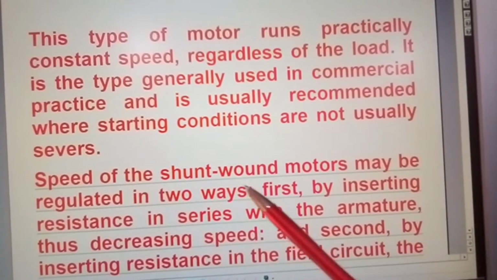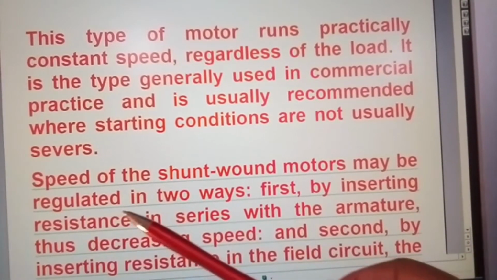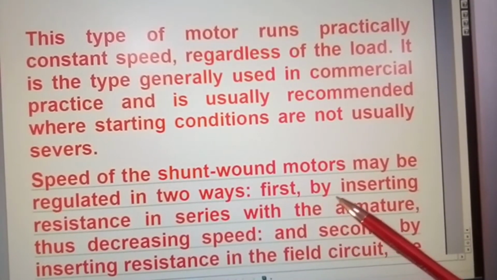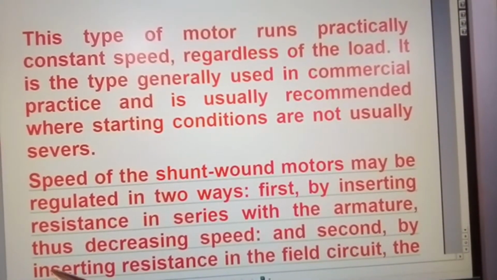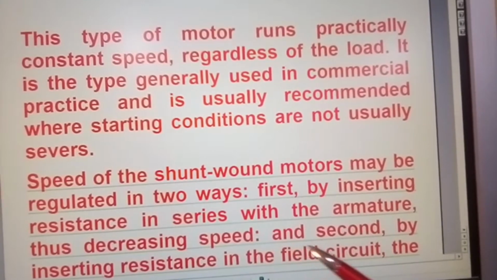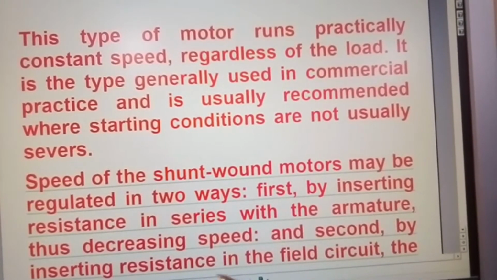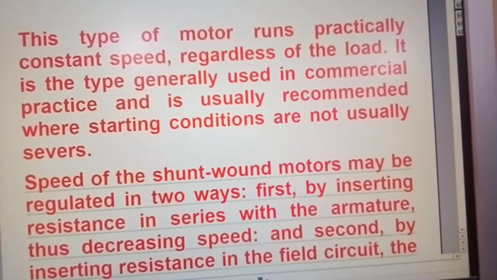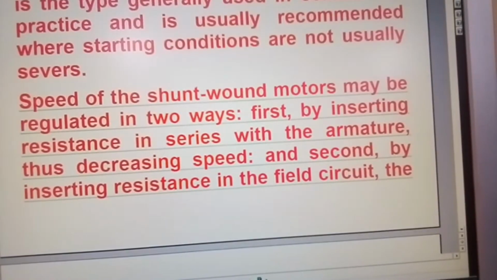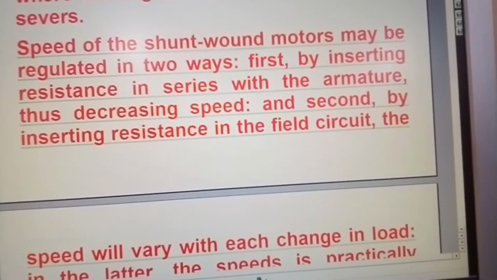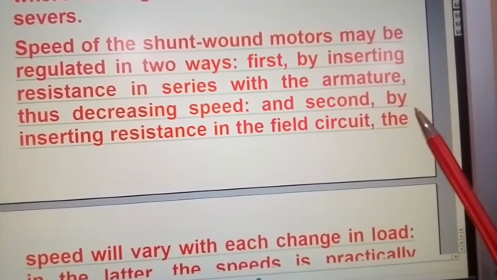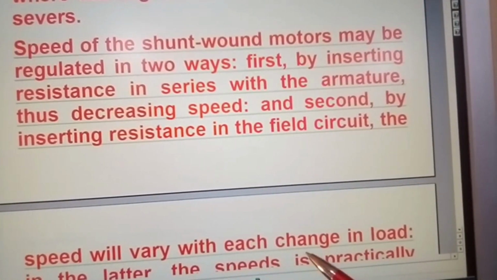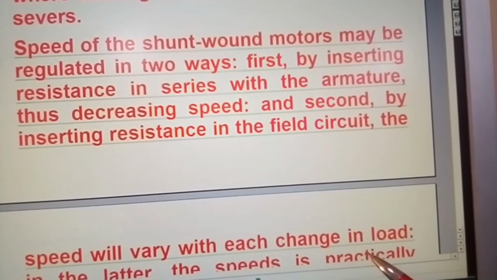Speed of the shunt wound motors may be regulated in two ways. First, by inserting resistance in series with the armature, thus decreasing the speed, and second, by inserting resistance in the field circuit. In the first, the speed will vary with each change in load.